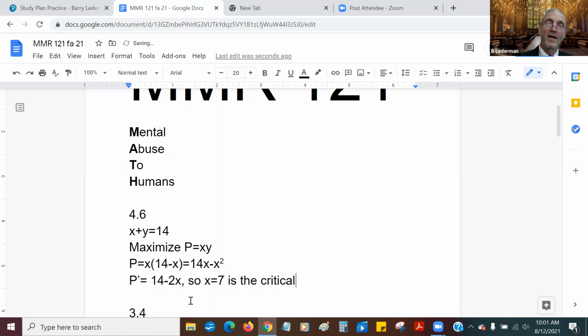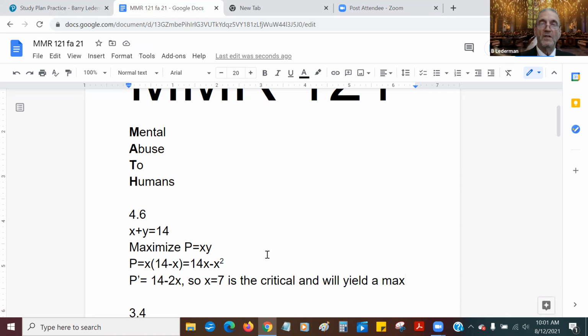And again, I see that this is just an upside down parabola, so it's going to be a max. I mean, you could do all the calculus, but sometimes you just recognize the graph, and it will yield a max, and 7 is definitely between 0 and 14.